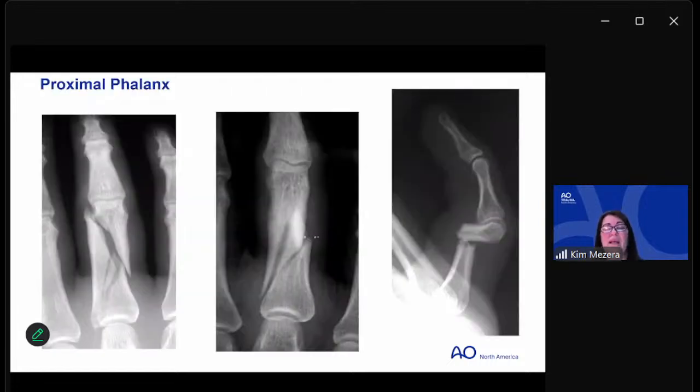So proximal phalanx, these are just 3 different proximal phalanx fractures, and they're all a little different. They are similar, but they're not. Let's go through each of these and talk about how the fracture pattern can help you understand what fixation you should choose.